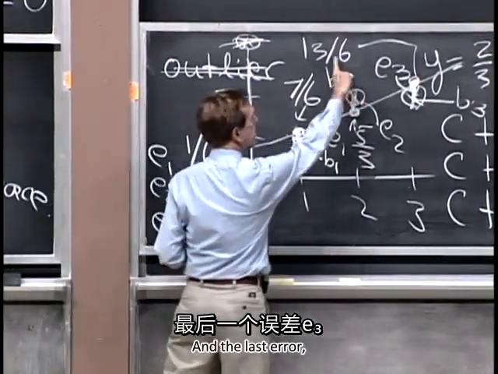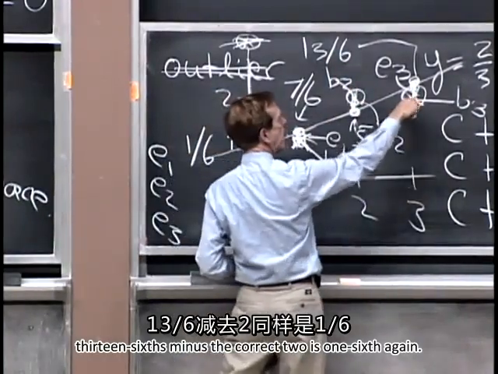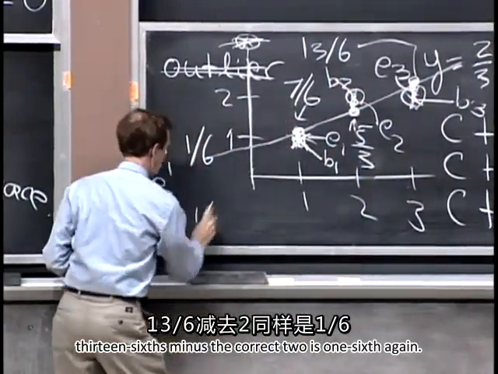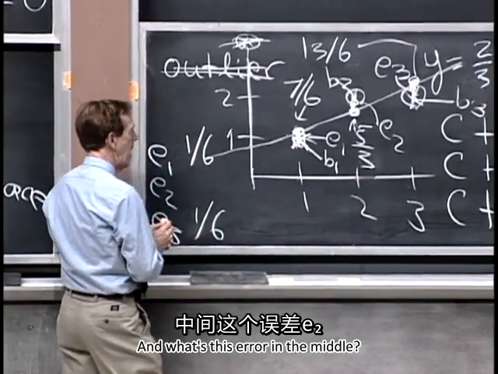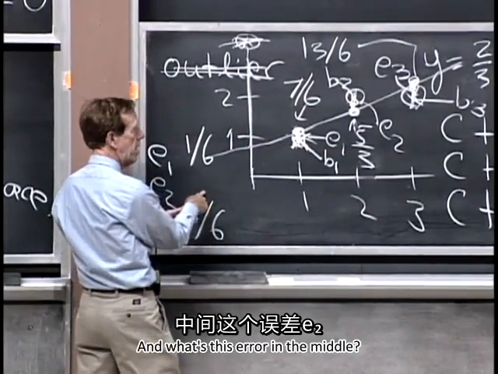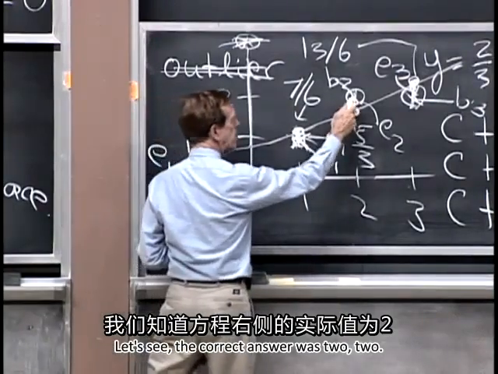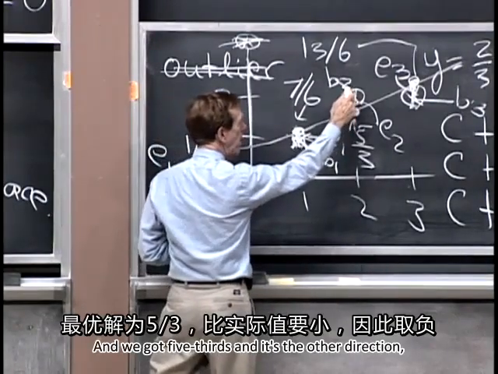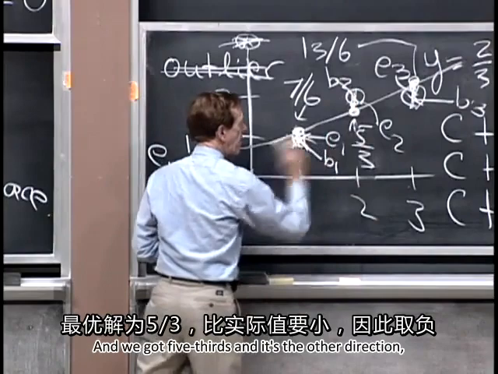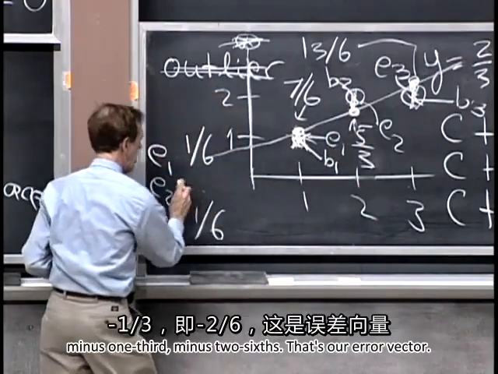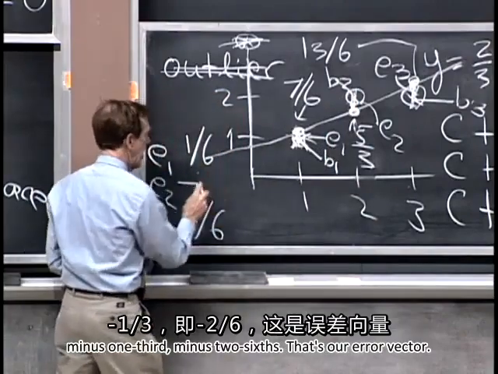And the last error, 13/6 minus the correct 2, is 1/6 again. And what's this error in the middle? The correct answer was 2, and we got 5/3, and it's the other direction, minus 1/3, minus 2/6.